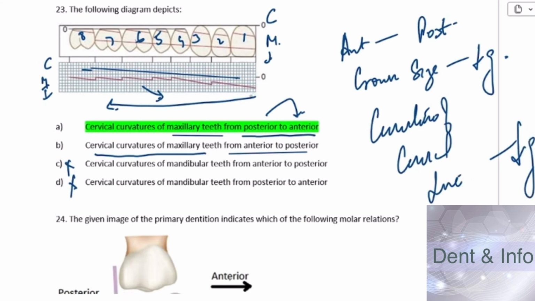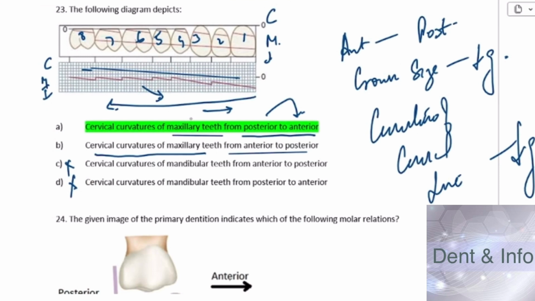The cervical curvature is increasing, so we are reading the graph from left to right. Basically the meaning is the same. As we move from anterior to posterior, crown size is decreasing and curvature of the cervical line is also decreasing. But here they are moving from cervical towards the incisal. The graph is going downward. That means curvature is increasing.